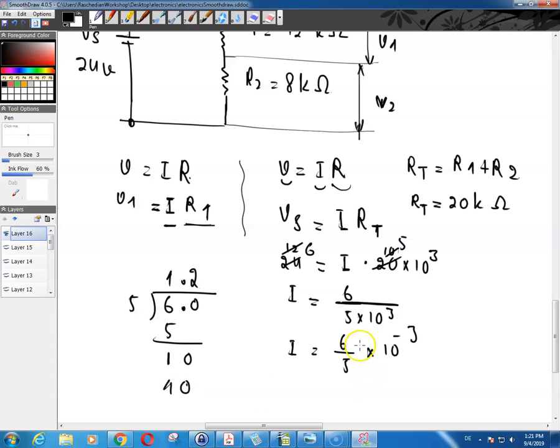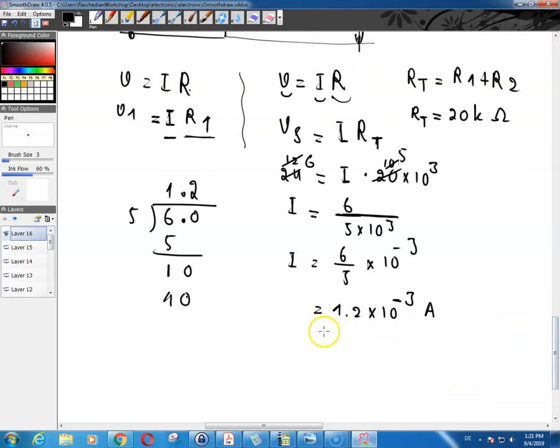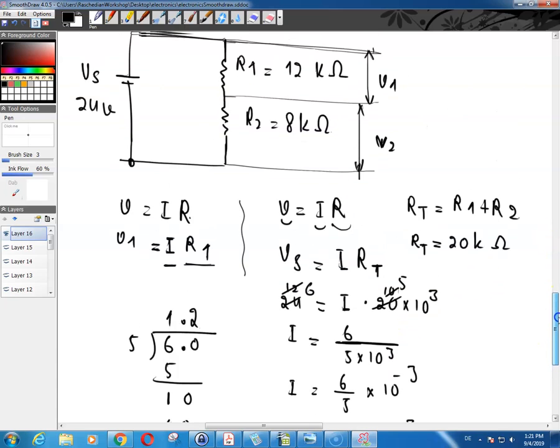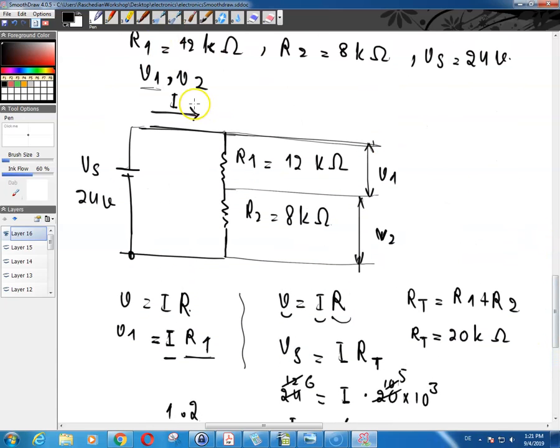So that's 1.2. That's 1.2 into 10 raised to the power negative 3 amps, which is the same thing as 1.2 milliamps, right? So the current in the circuit becomes 1.2 milliamps.